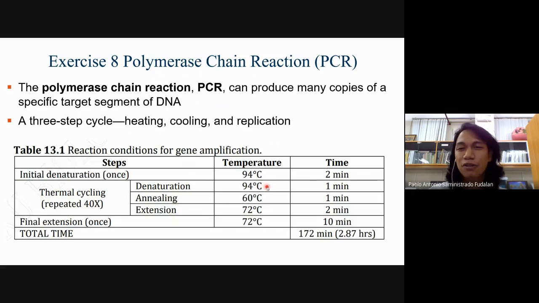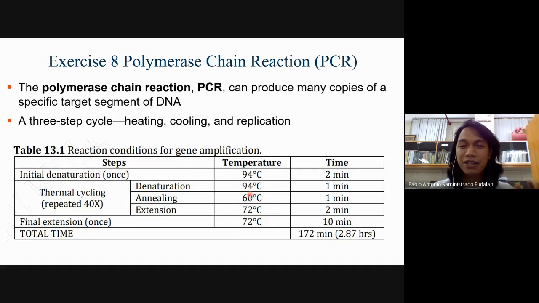If you remember your DNA replication in your general biology, DNA replication needs the two opposite strands of DNA to separate first. That's denaturation, and you can only do that by heating the sample to 94 degrees Celsius. After that is the annealing portion, that's the cooling portion.